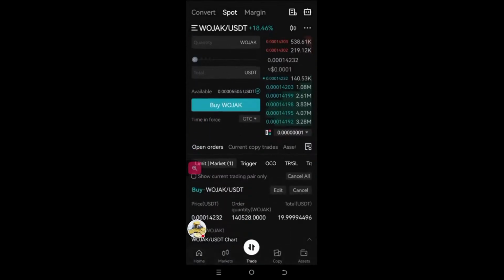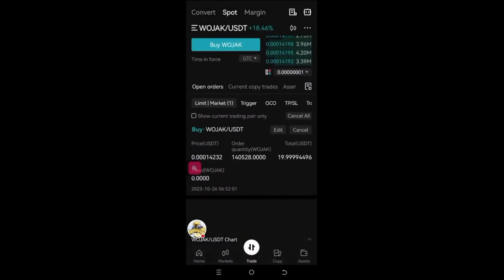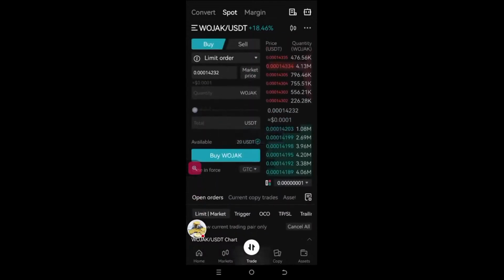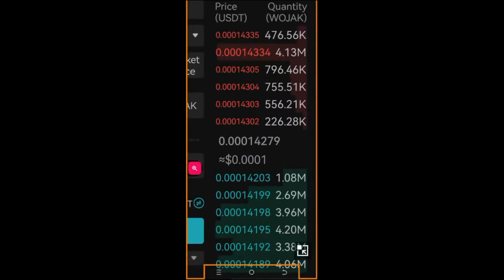Did it buy? Didn't look like it bought. Let me cancel it and go check what's going on in the order book. We'll have to buy it at a higher price. Oh, see, the higher price is 14302. That's the reason why.